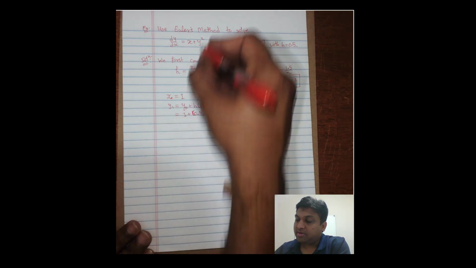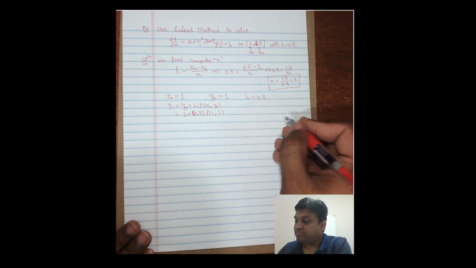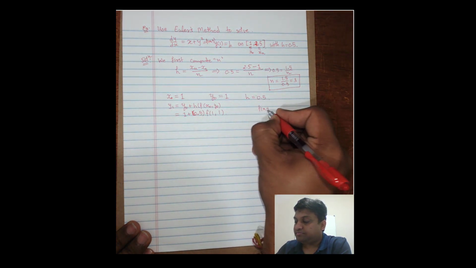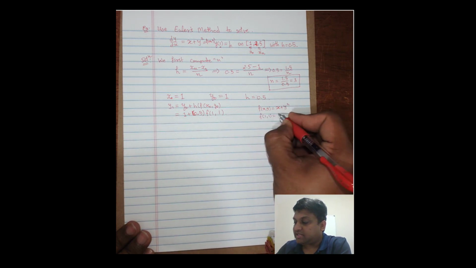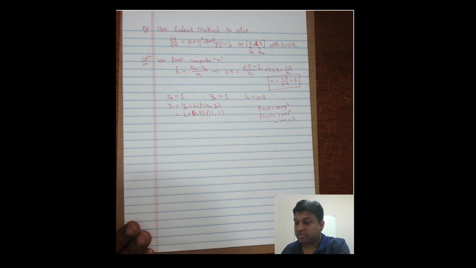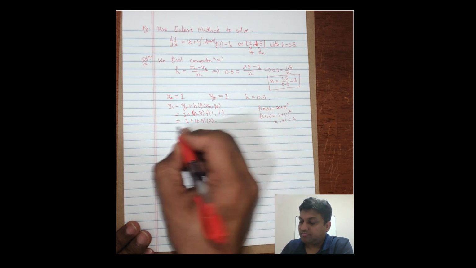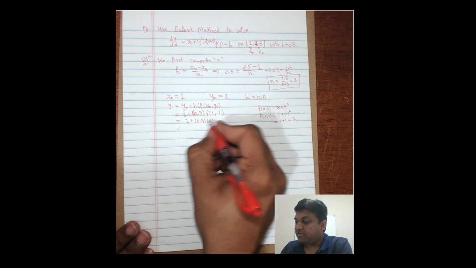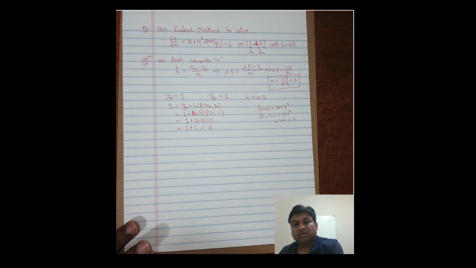Now remember, this is my f of x, y, the right side of my differential equation. I need to calculate f at 1, 1. Replace x by 1, y by 1. Looks like we get 2. So this block is just 2. I get 1 plus 0.5 times 2. Well, 0.5 times 2 is just 1. I get my first iterated solution, which is 2.